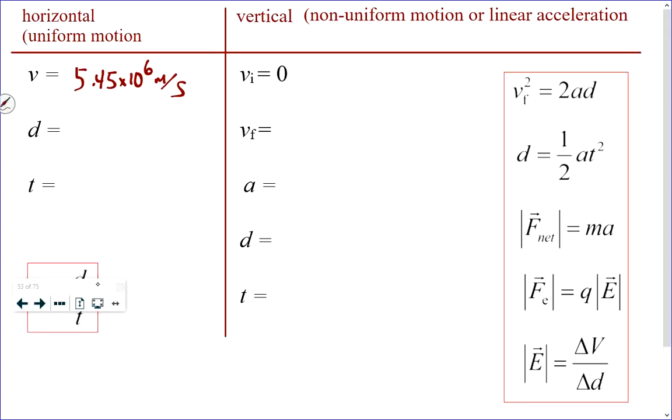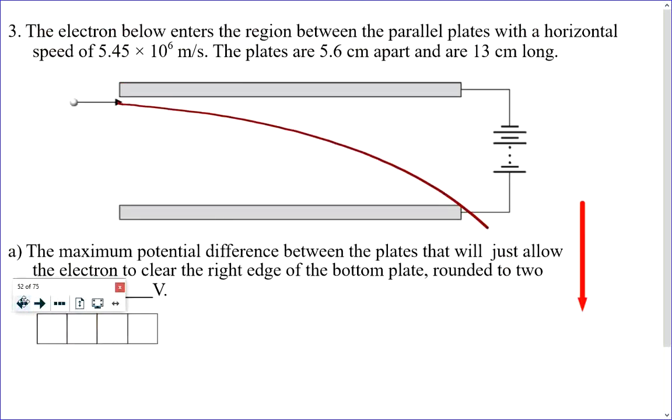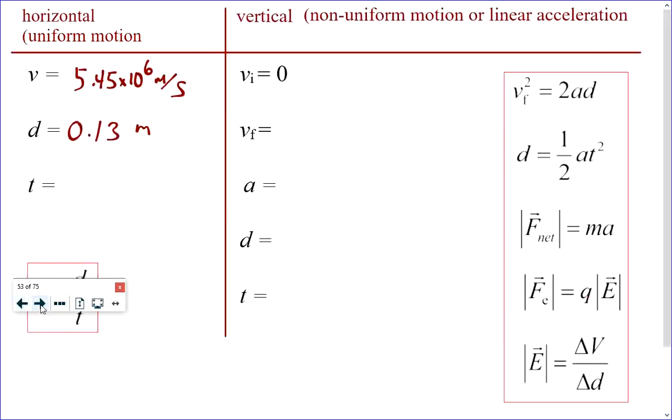That's a horizontal distance, so I'm going to put that here. We know VI is 0. We also know the distance between the plates, which is a vertical distance. And the vertical distance was 5.6 centimeters. And that's it.